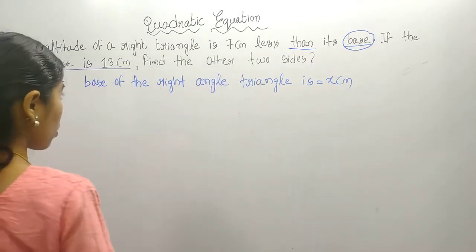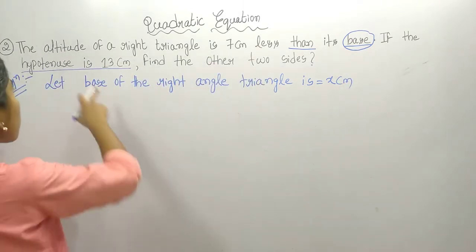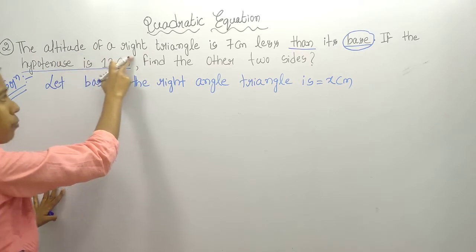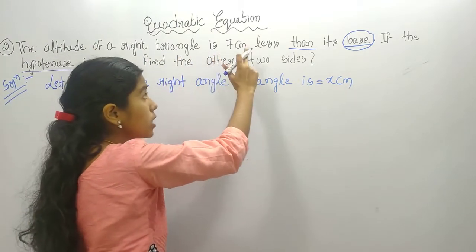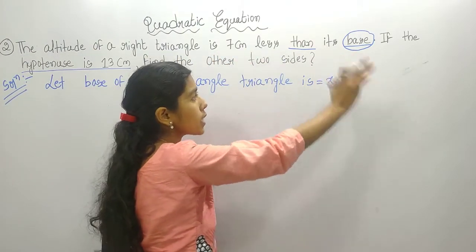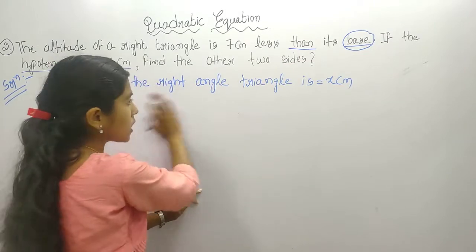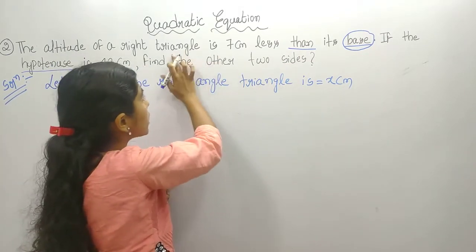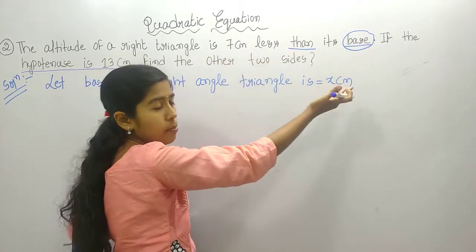Okay. So after that, you see what is given: the altitude of a right triangle is 7 cm less than its base. You took base as x cm, so altitude is 7 cm less than base.